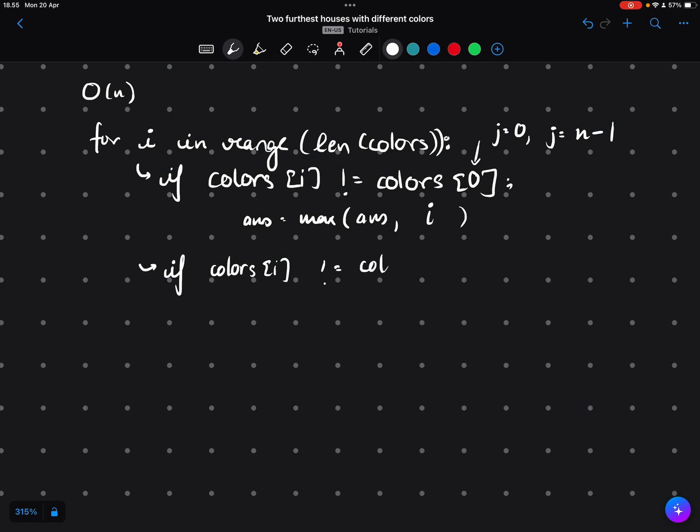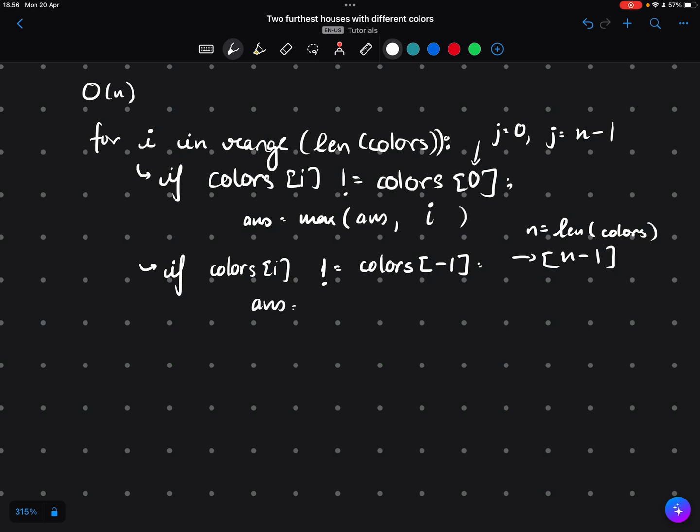So if colors i is also not equal to colors minus 1, so this is a trick in Python that gets you the last element. If not, you can do len colors, store that as n, and then over here just do n minus 1. Okay, that's another way.